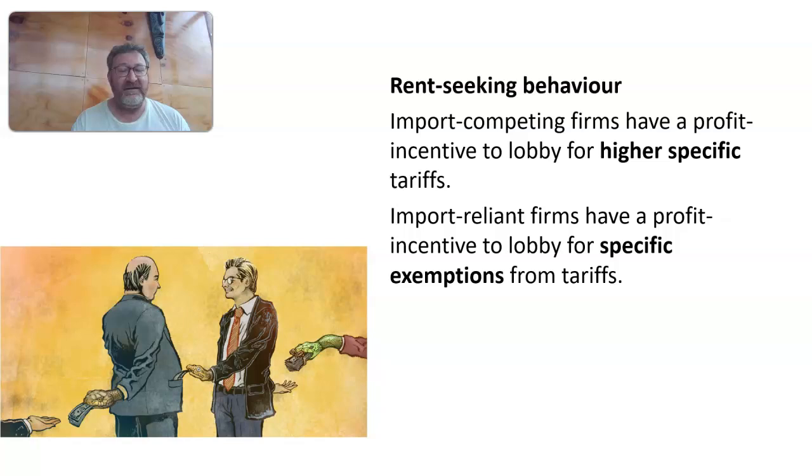On the other hand, there'll also be the import reliant firms, those firms which use inputs that are imported. Those firms will have a profit incentive to lobby for specific exemptions from the tax.